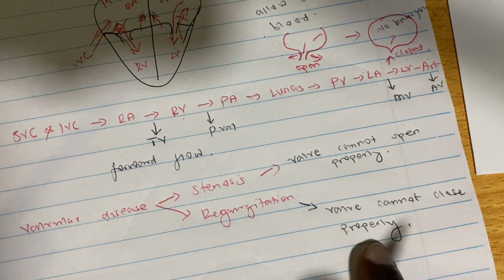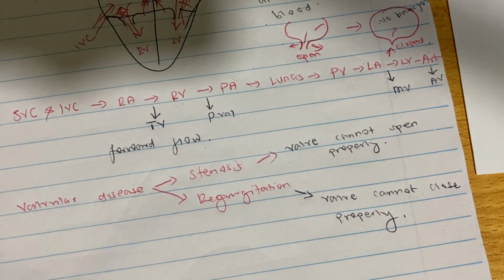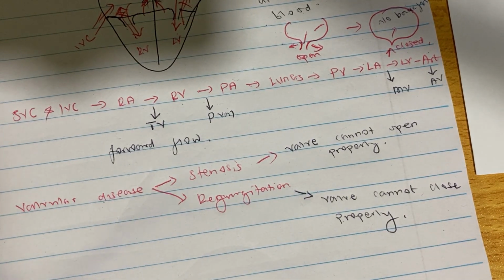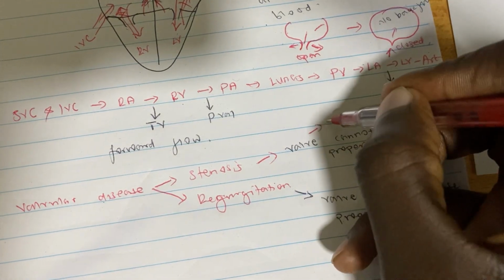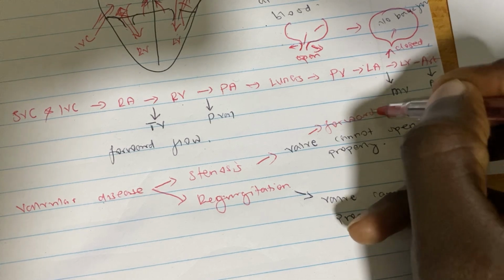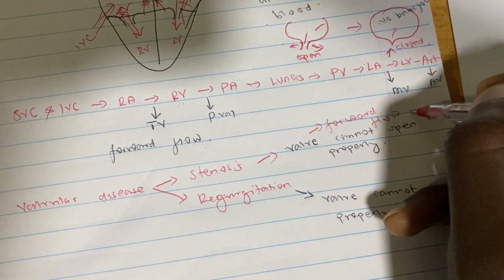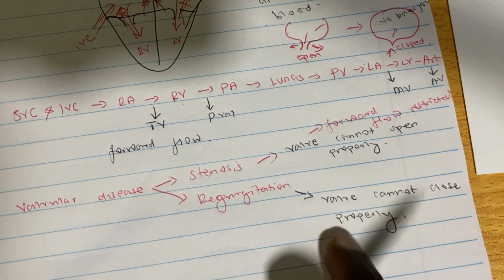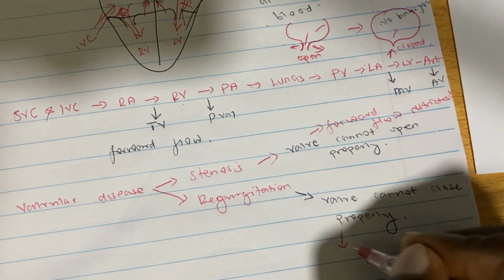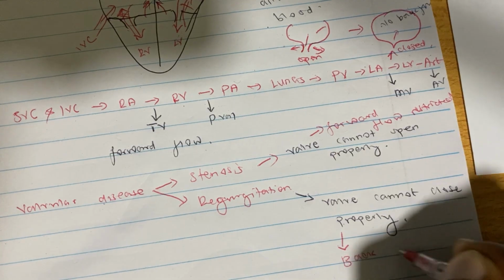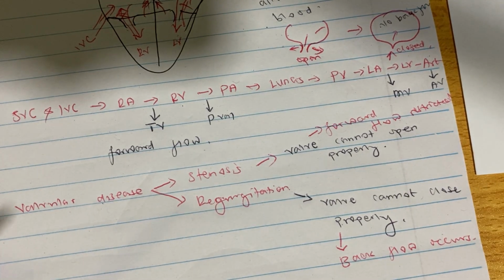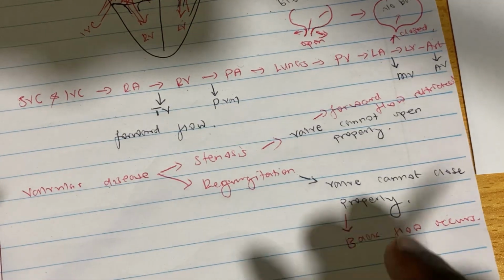If it does not open properly, less space is there for blood to pass, so there is restriction of forward flow: forward flow restricted. Then if it cannot close properly, backflow occurs.